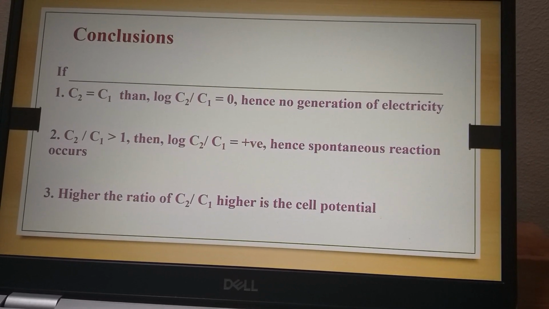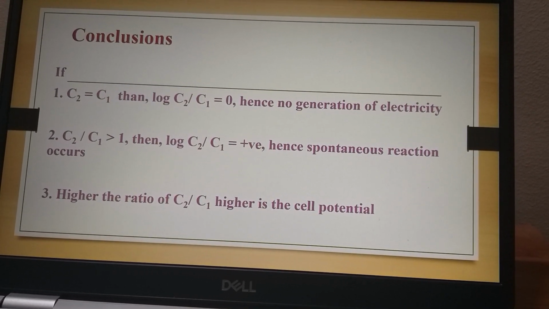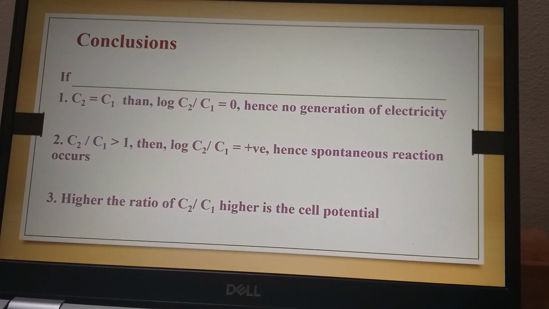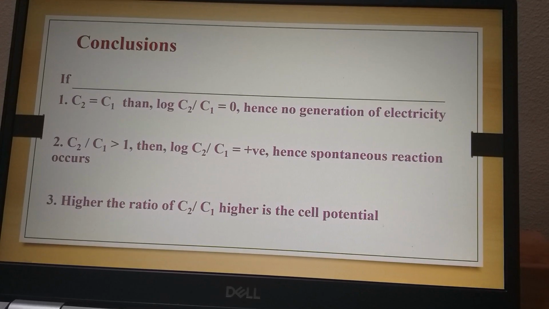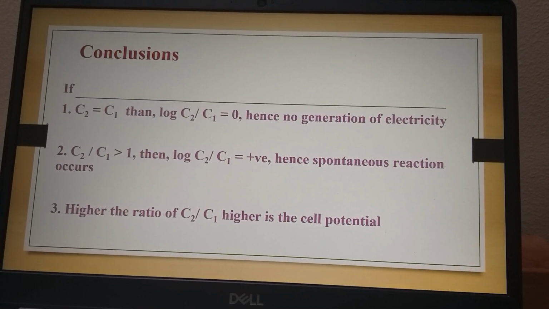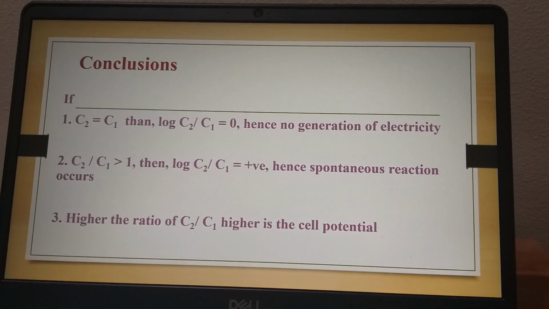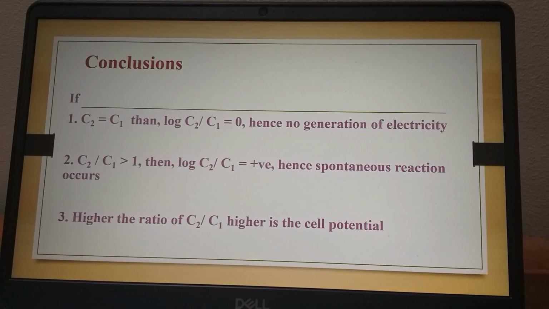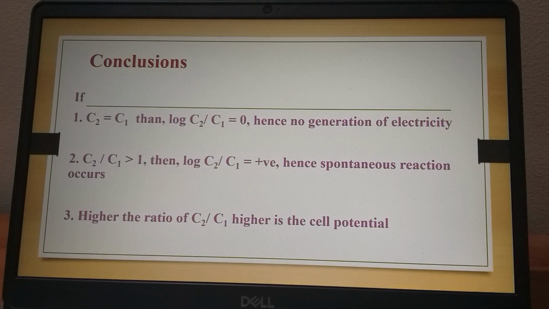But if C2/C1 is greater than 1, then log C2/C1 will be positive, which will result in a spontaneous reaction and the electricity will flow. So, the higher the ratio of C2/C1, the higher the cell potential.